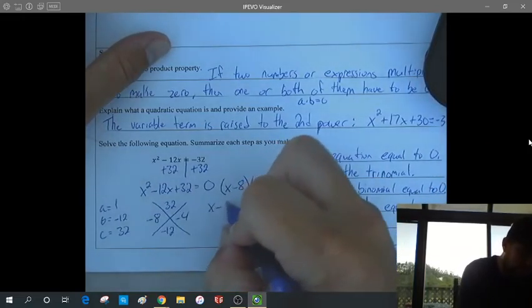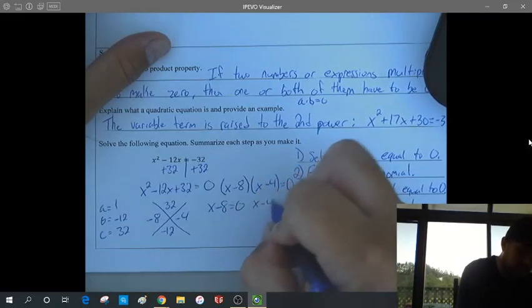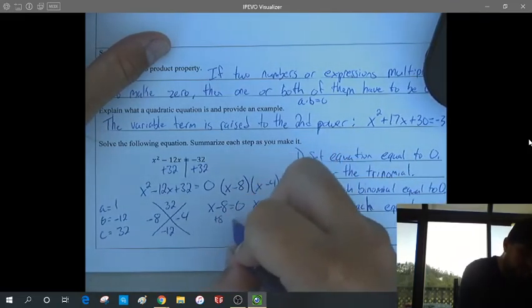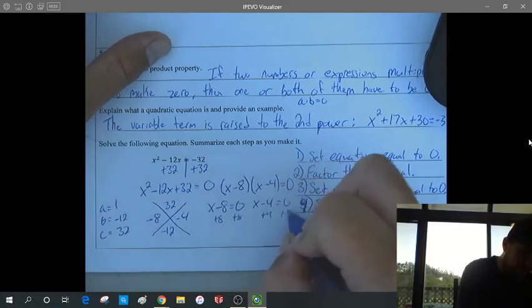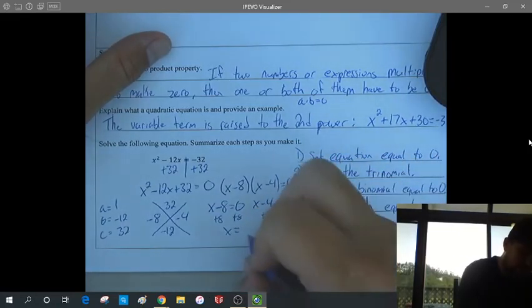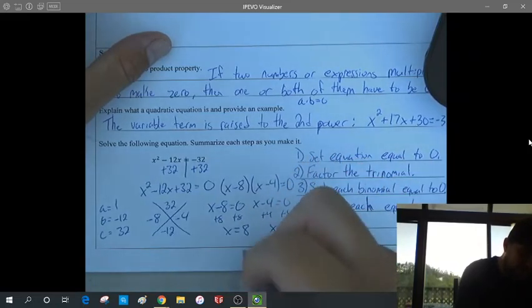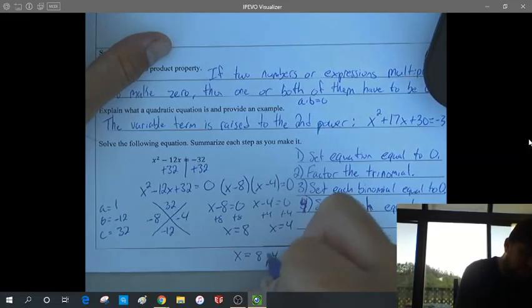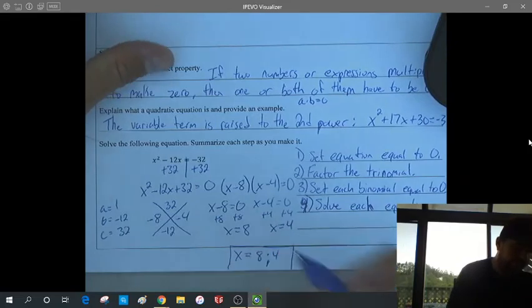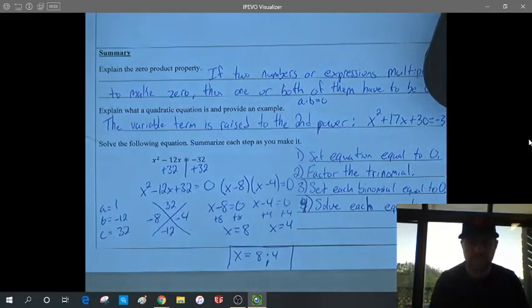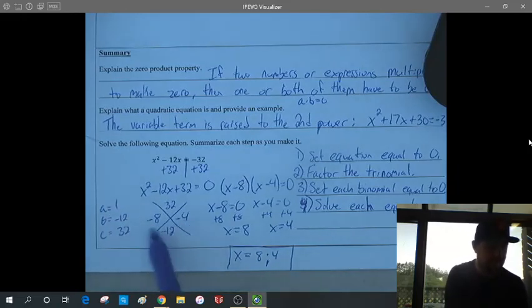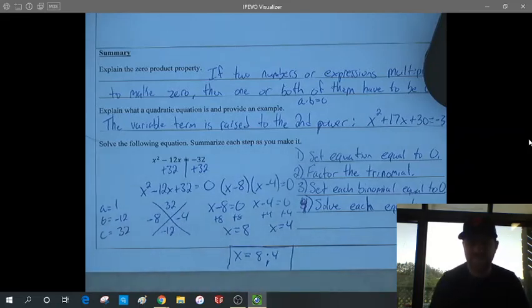So we're going to have an x minus 8 is equal to 0, and an x minus 4 is equal to 0. Add 8 to both sides on that one, add 4 to both sides on this one, and we get that x is equal to 8 from this one, x is equal to 4 from this one, and so x can be either 8 and or 4, and it will solve our equation, right? But again, just because we have an a value equal to 1 on these ones, notice that it's just the opposite numbers of these factors here that I got in the diamond.